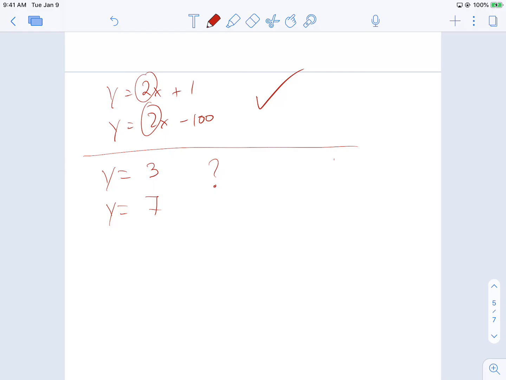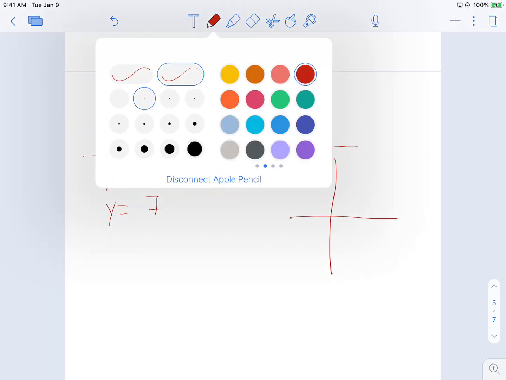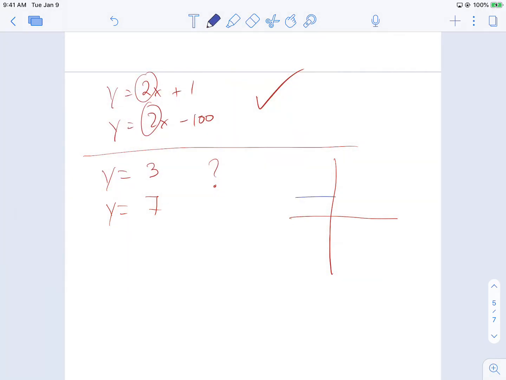Well, let's take a look by just graphing them. y equals 3 is going to be this, and y equals 7 is going to be this. Are they parallel? Well, definitely, yeah. They both have the same slope. Their slope for these flat lines is 0, and that's why they're flat. And because they're both flat, they are parallel indeed. They are never going to intersect at all.